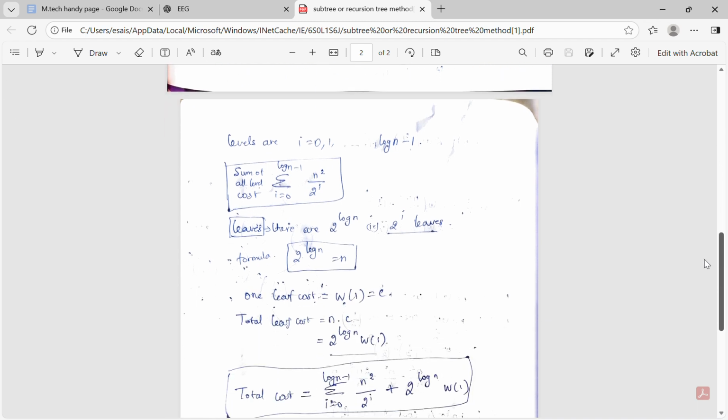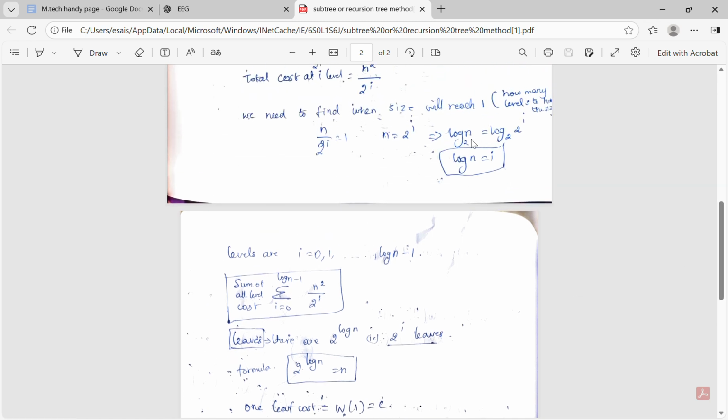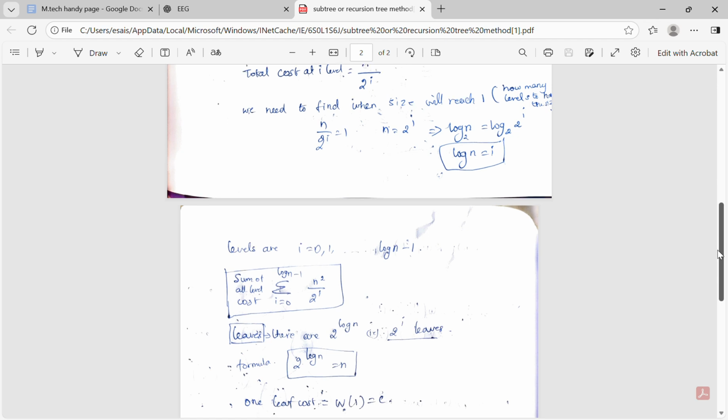Now the levels we should write, I will be from 0 to log n minus 1. We have got log n here and we are starting from 0, so it will reach log n minus 1. I starts from 0 to log n minus 1.